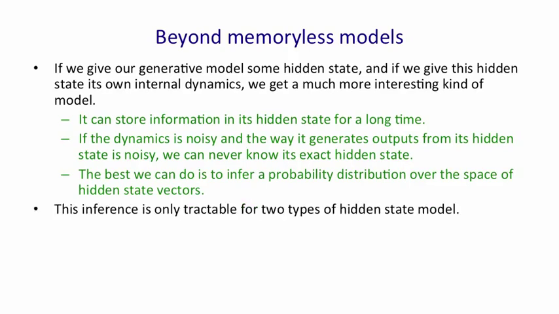So with a generative model like this, if you get to observe what it produces, and you now try to infer what the hidden state was, in general that's very hard, but there are two types of hidden state model for which the computation is tractable. That is, there's a fairly straightforward computation that allows you to infer the probability distribution over the hidden state vectors that might have caused the data.